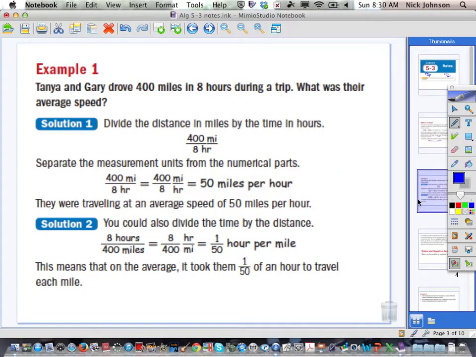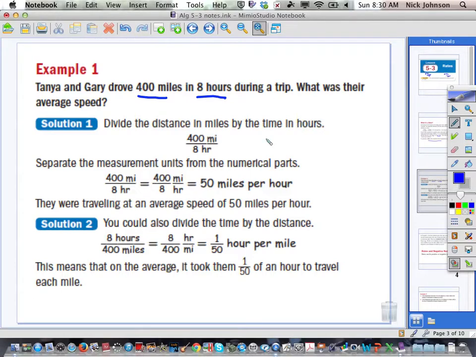Example 1 says, Tanya and Gary drove 400 miles in 8 hours during a trip. What was their average speed? Now I'm just going to show you the solution. They went 400 miles in 8 hours. It says divide the distance in miles by the time in hours.